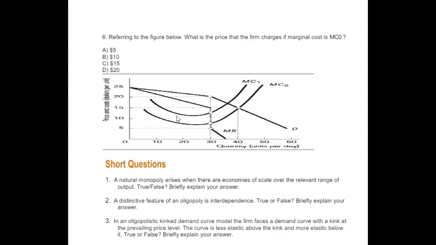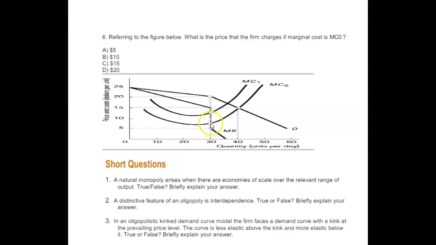Refer to this figure. What is the price the firm charges if marginal cost is MC0? So this is the graph. Okay, easy. So marginal cost and marginal revenue, find the intersection. There's a break in the marginal revenue, so just hit the marginal cost, right?